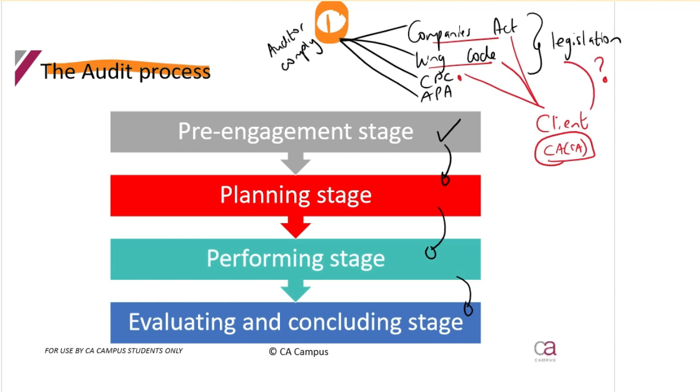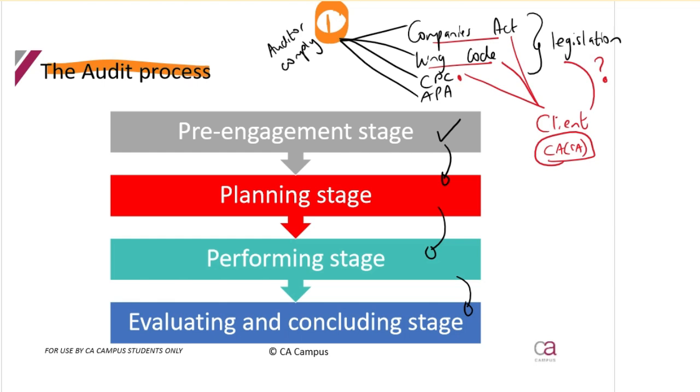When we understand the client, is there a risk they are not adhering to the Companies Act, to the King Code, to the CPC for those in business? All of this information needs to be taken into account. So when we audit a client, we are going to understand them and we are going to identify where there could be risks of material misstatements in their financials.